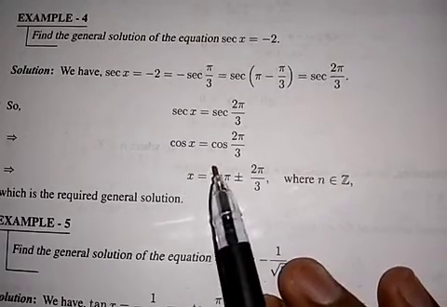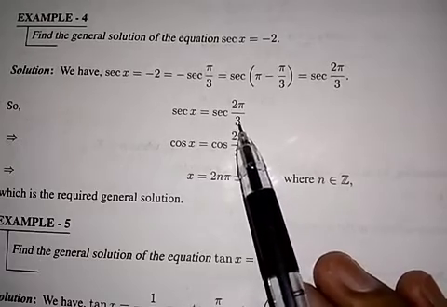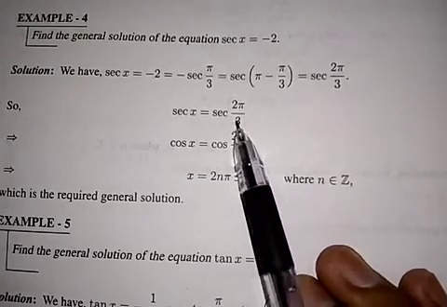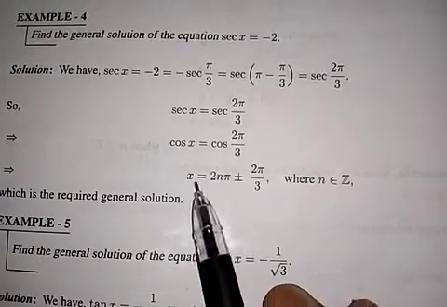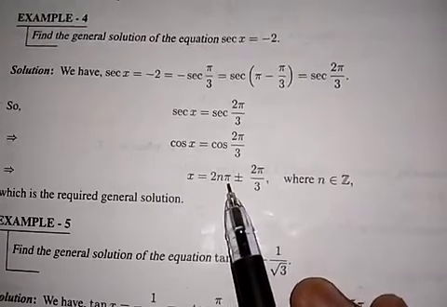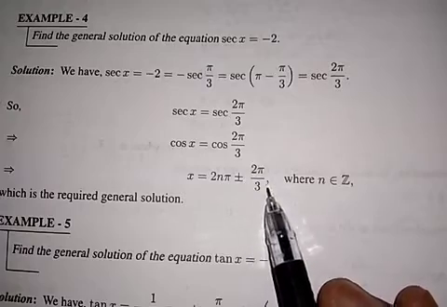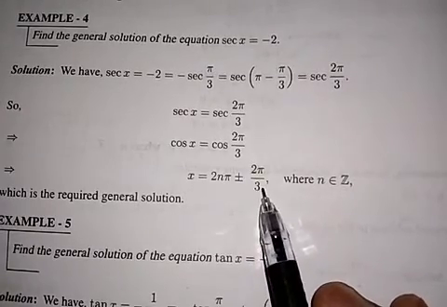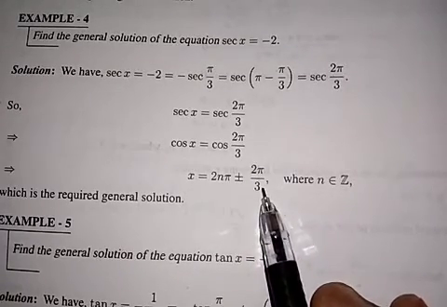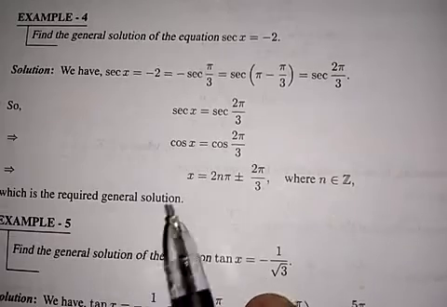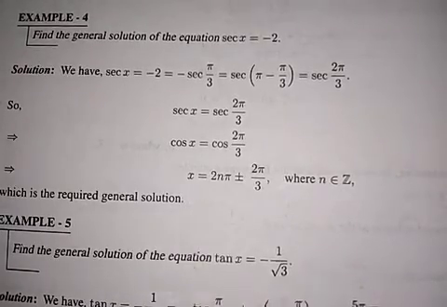Now the principal value is 2π by 3 and the general solution is x equal to 2nπ plus minus y, and the value of y is 2π by 3. Then we can substitute the principal value to find the general solution of the given trigonometric equation.